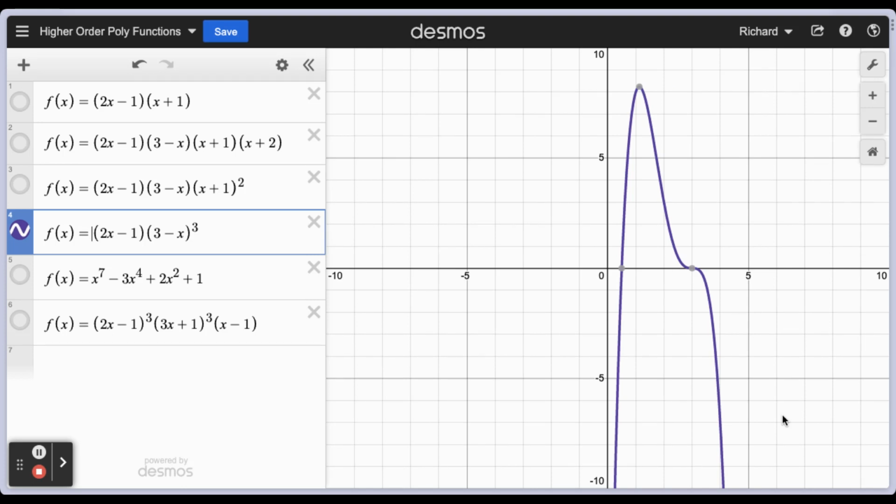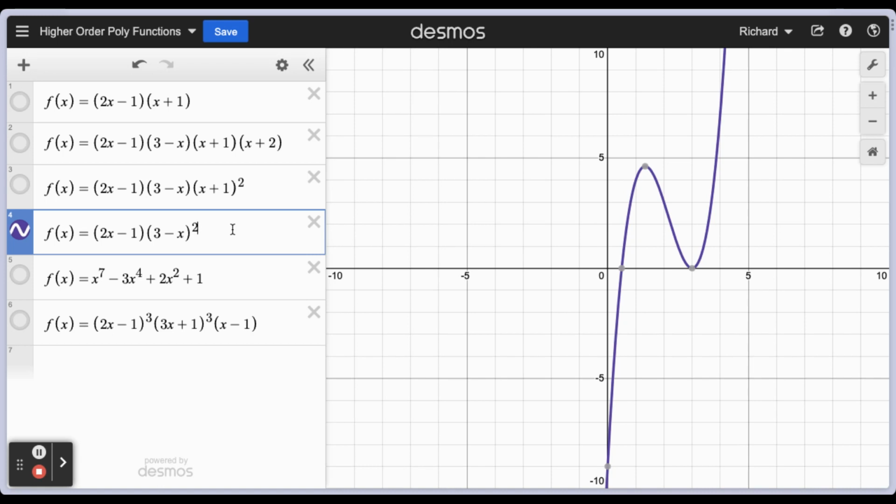What do people think? Pretty reasonable, Alex? So if I change this to the power of 2, I'll have an odd power. I feel like that shouldn't have worked.